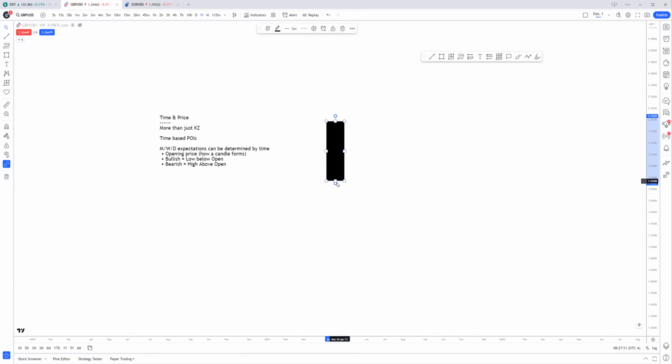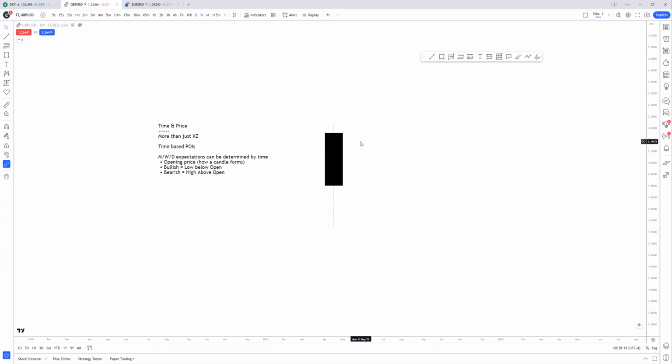You expect your candle to start like this, ignore the wick. And then at the start of the open, you'll pull down. Imagine this is a monthly candle. The candle will pull down at the start of the month. It'll look bearish, but it will then close bullish, like so.